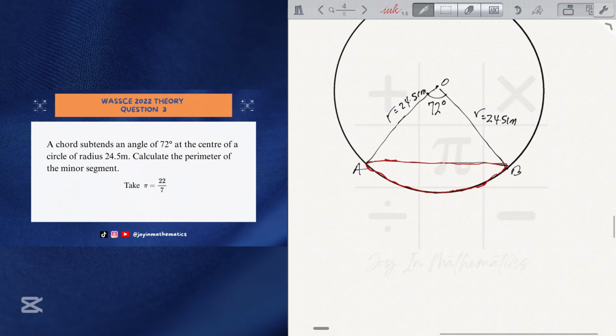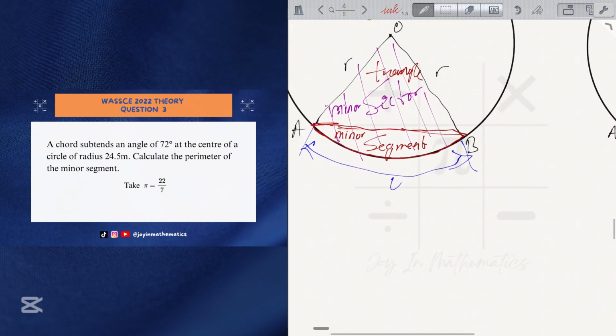So how do we go about this? We can easily evaluate the length of the arc, let L be the length. Let me write the formula here. The length of the arc L is theta divided by 360 degrees, multiplied by 2 pi r. It is 2 pi r, not 2 pi r squared.